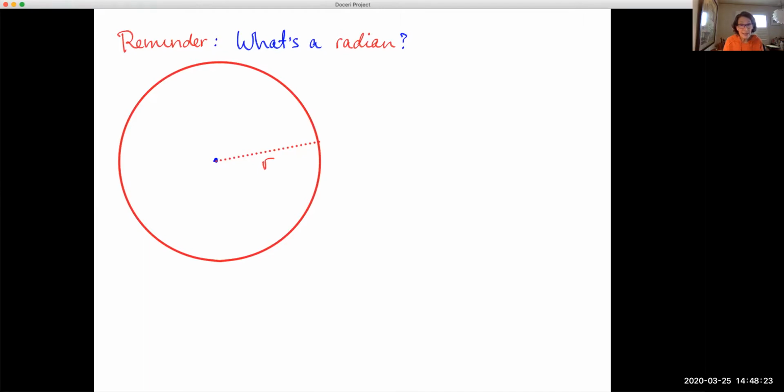So if we have any circle of radius r, and then we make an angle, a central angle.